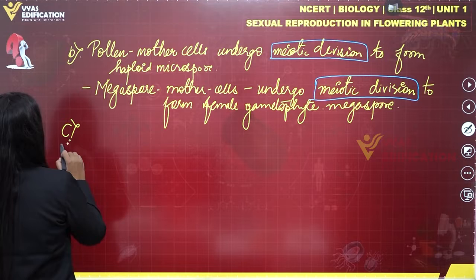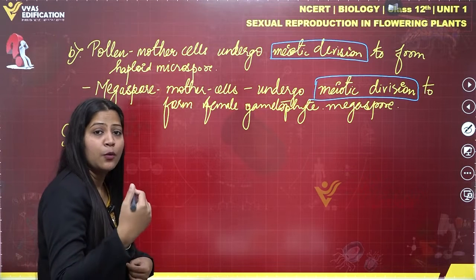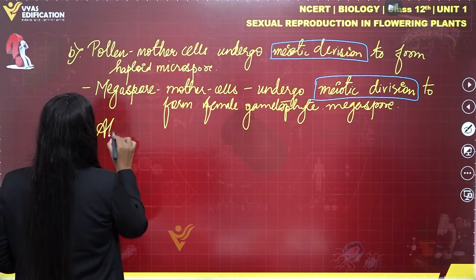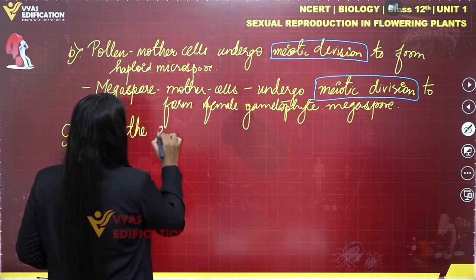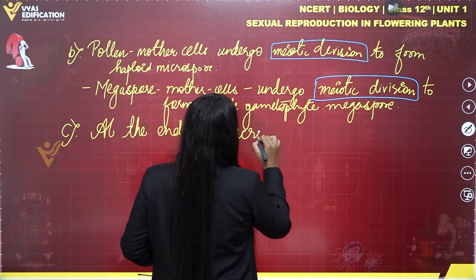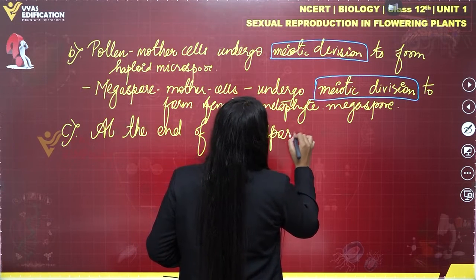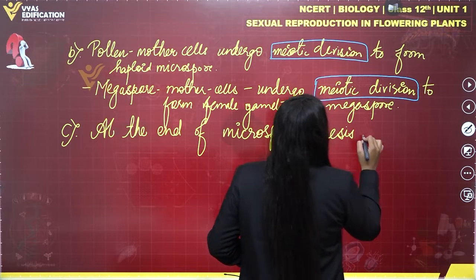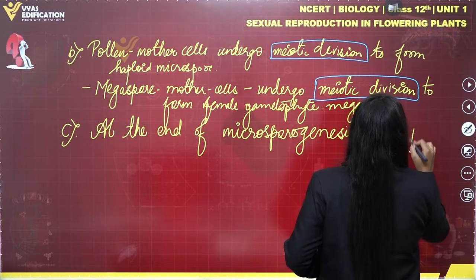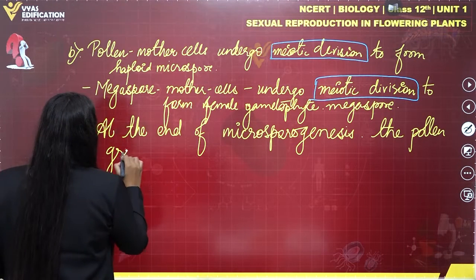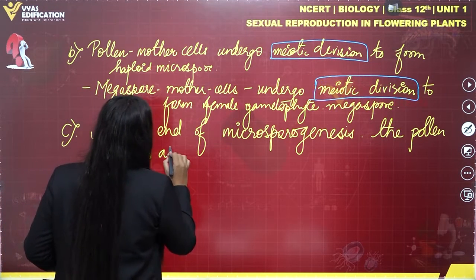Now comes the last part of this question: what are the structures formed at the end of these two events. So at the end of microsporogenesis, the pollen grains are going to be formed.